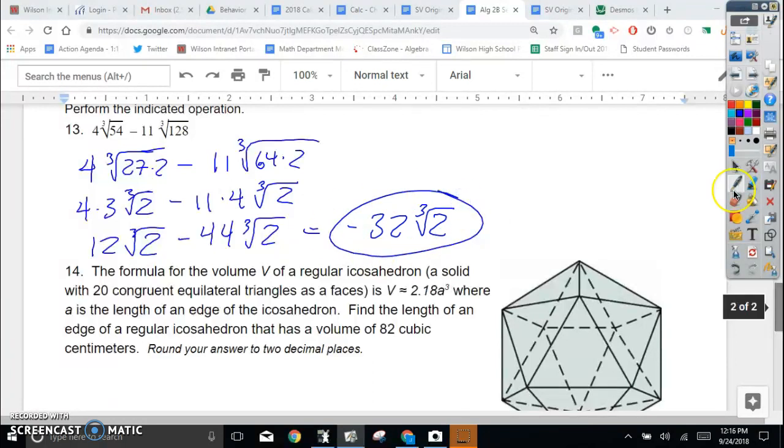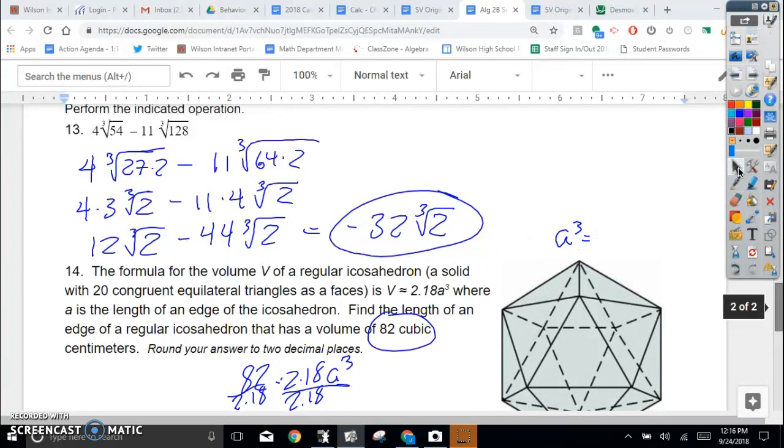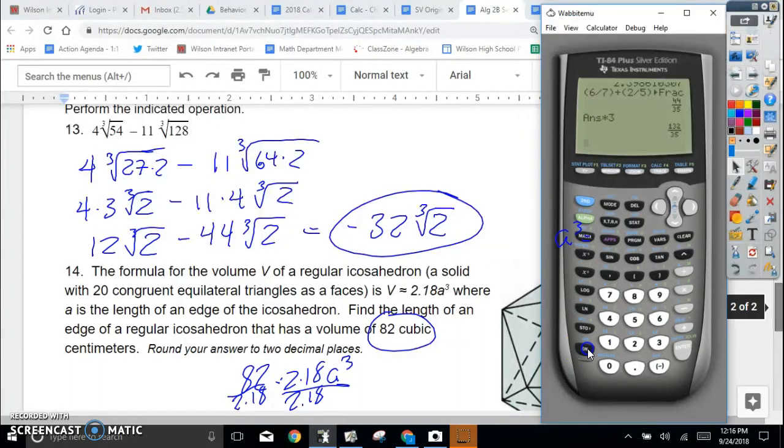Coming down here, we're going to put in 82 cubic centimeters in for our volume. All right. Divide by 2.18, and then we'll take the cube root of that answer. So I have a cubed equaling some kind of large number here. So let's go 82 divided by 2.18. 37.614678.